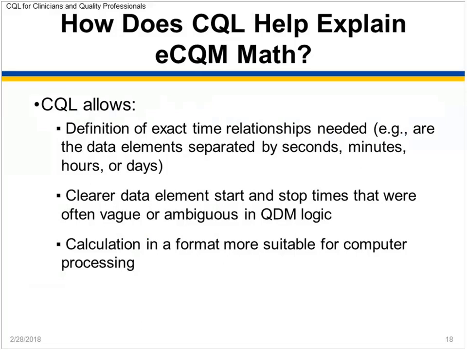In the previously used quality data model logic, there were some ambiguities in time, some ambiguities in some of the details and relationships, and some complexity. CQL allows it to be much more precise and much clearer, and calculations in a format that is much more suitable for computer processing. Next slide.